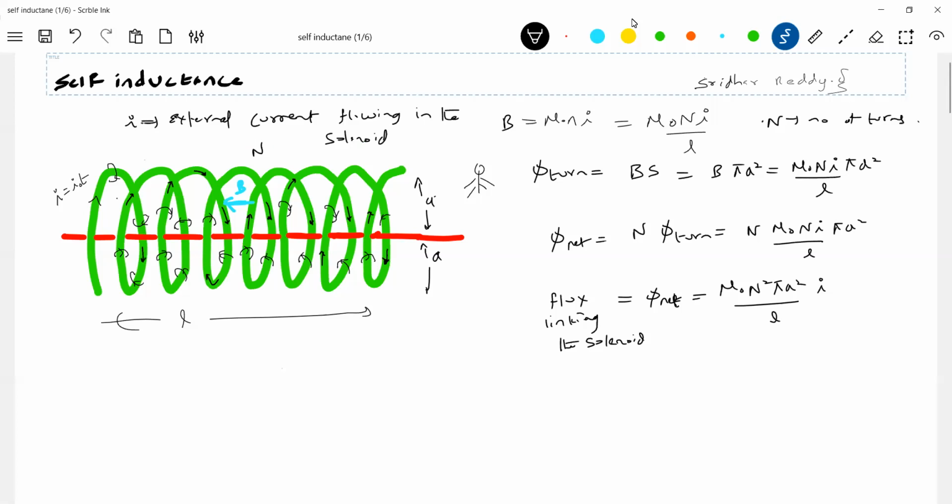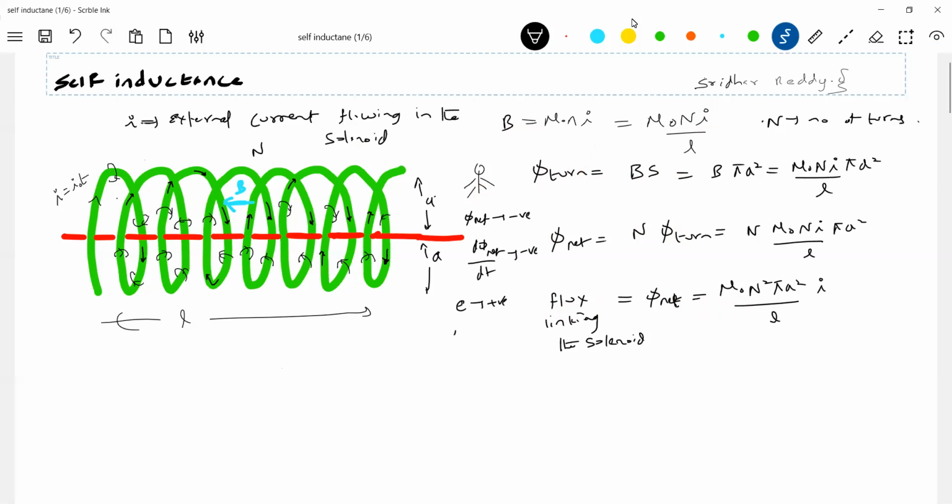If I is variable, B is variable. If B is variable, the flux linking each turn is variable. Then the flux linking the total solenoid is variable. So we'll account for this person. What he says is, negative flux increases, d phi by dt negative, EMF induced positive.